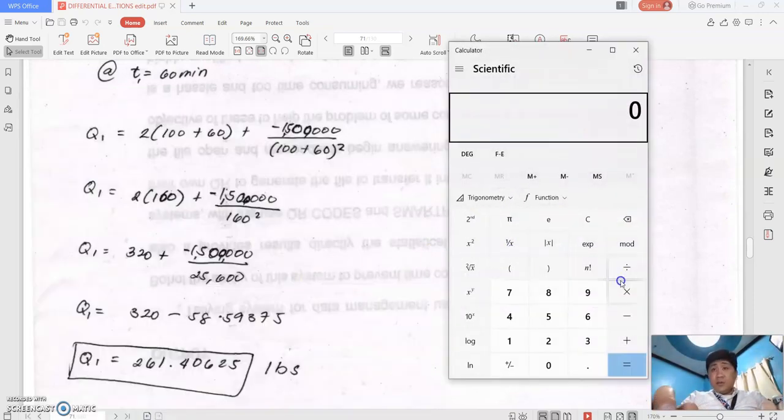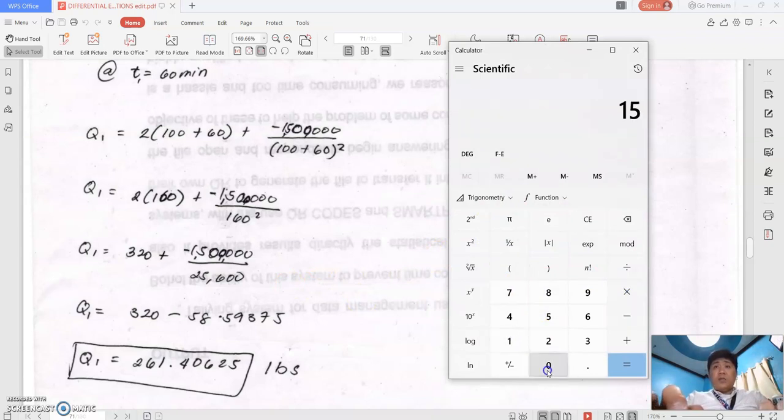So if we have 1.5 divided by 160 squared, equals 58.59375.